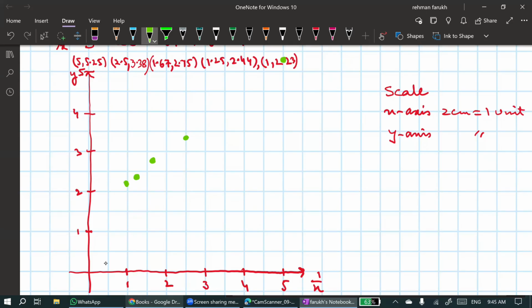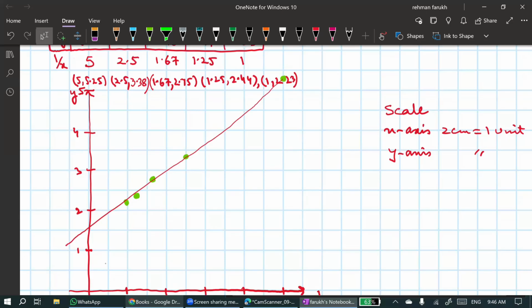Now we will join these points with the help of a ruler, and we will draw the line in such a way that all the points are close to this line. Now, this one is the line. You can see clearly that these 2 points are exactly on the line.